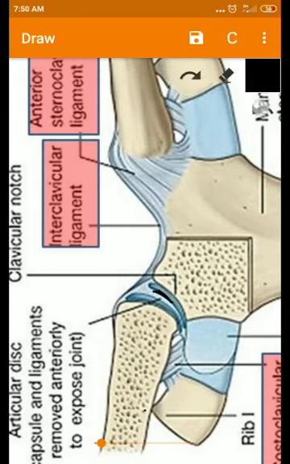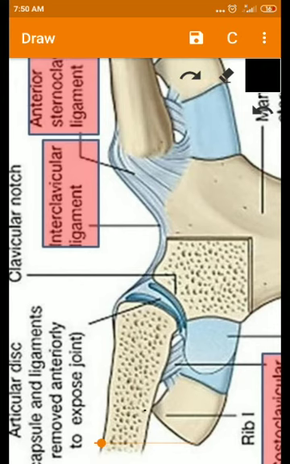This disc is giving attachment on the upper side to the sternal end of the clavicle, and at the lower end the articular disc is attached to the first costal cartilage.